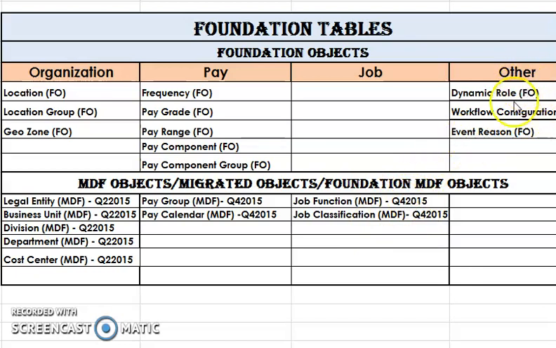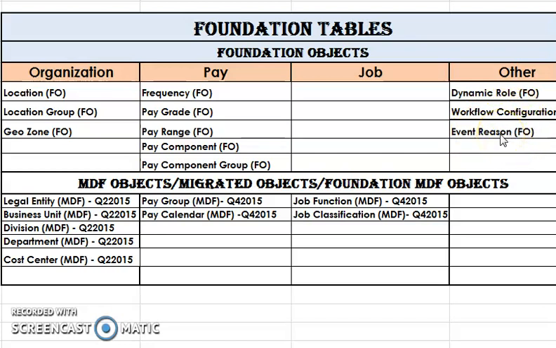Similarly, other objects which are part of foundation objects are dynamic role, workflow configuration, and event region. So these are the 3 foundation objects other than organization, pay and job structure. We can create a dynamic role, we can create a workflow configuration, and we can create an event region.